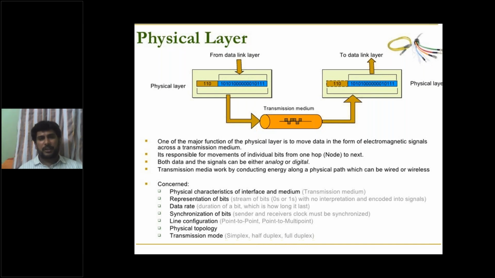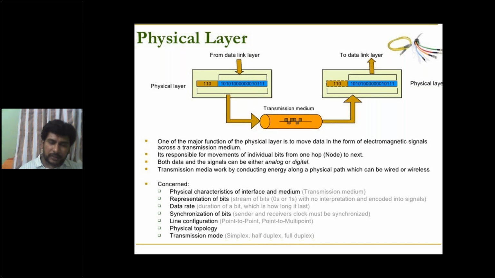So, in summary, what are the functions performed by the physical layer? The first and most important is that the physical layer receives the data from the data link layer, converts it into zeros and ones, and depending on the transmission medium, because the selection of the transmission medium is done by the physical layer, it converts it into either an optical signal or an electromagnetic signal.